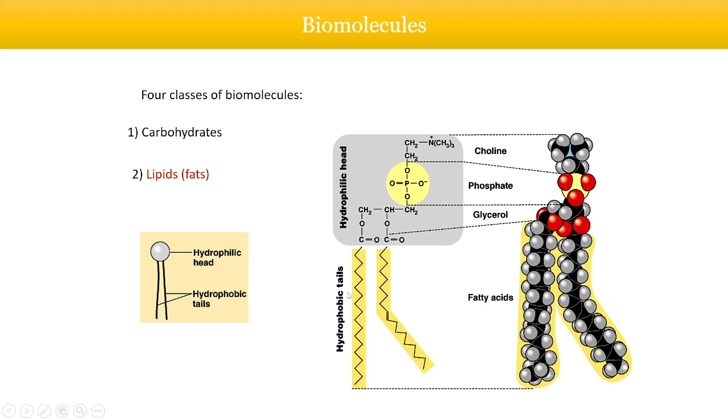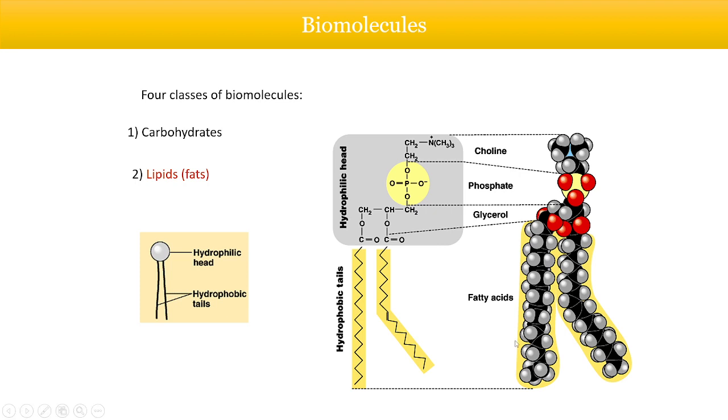In the lipids or fats, you have a combination of a hydrophilic head and a hydrophobic tail that stays on the inner portion, away from the surrounding water molecules, and forms the tight core towards the inside. The hydrophilic head is a combination of phosphates, glycerols, and molecules like choline.